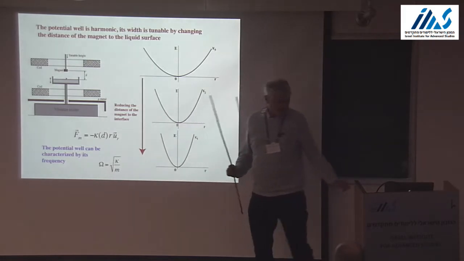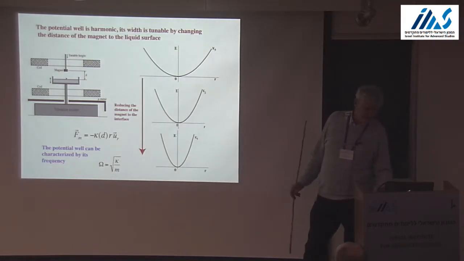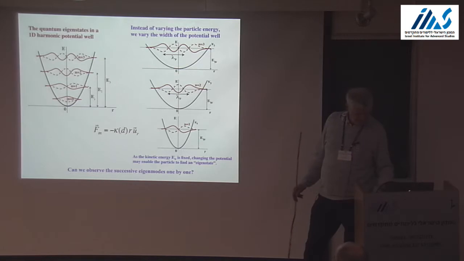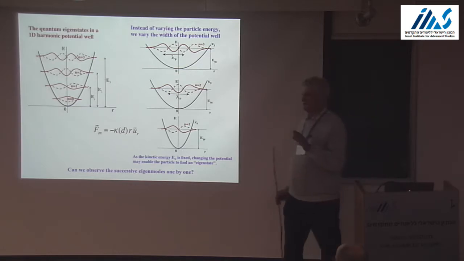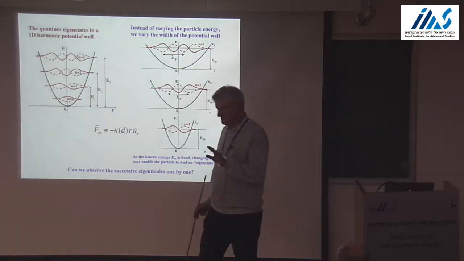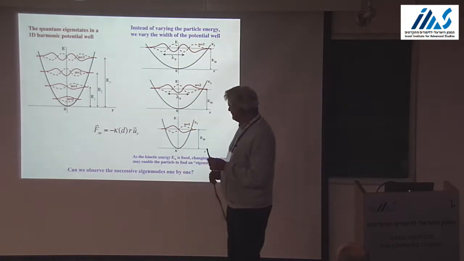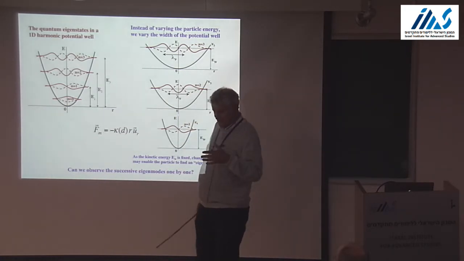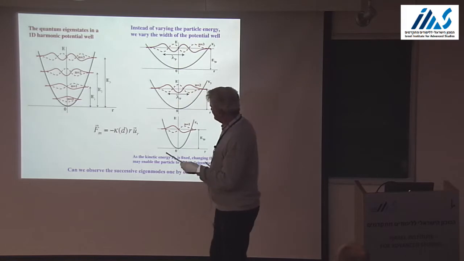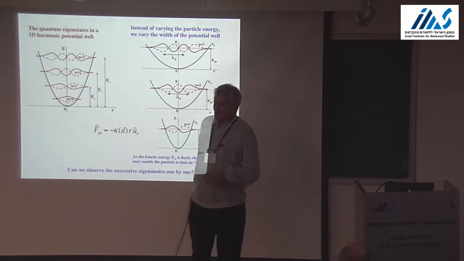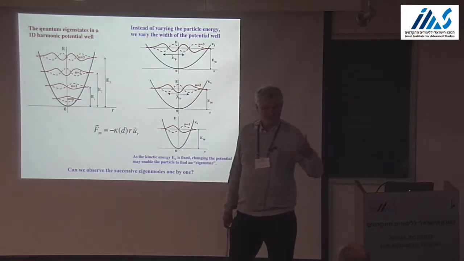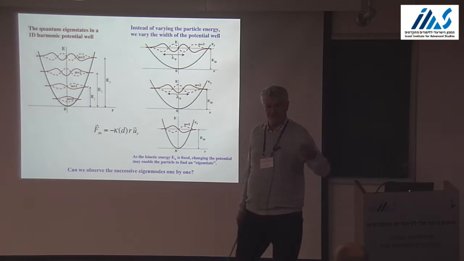So why do we do that? See, in this system, there are some strange effects that are somewhat reminiscent of quantum physics, but of course only to a certain extent, because it's a classical system. One of the things which would be beautiful to observe is quantization of energy.